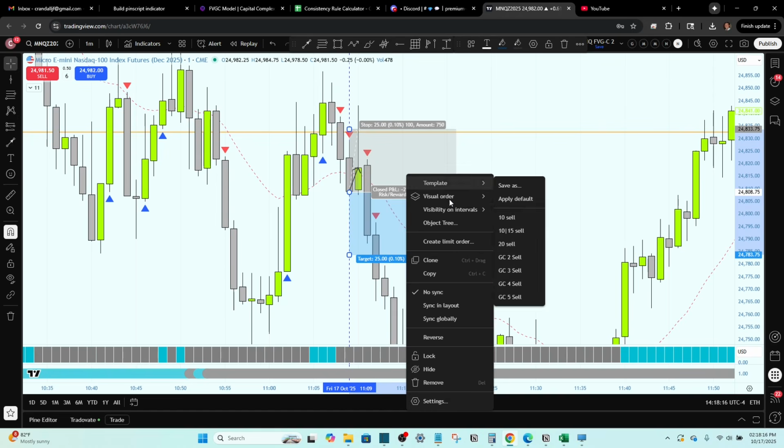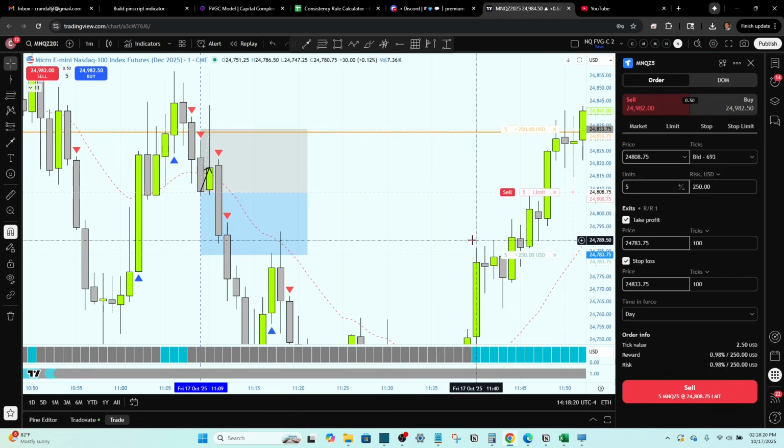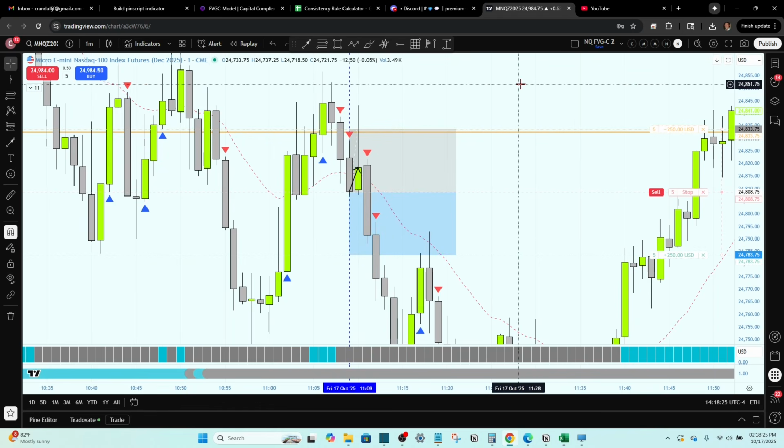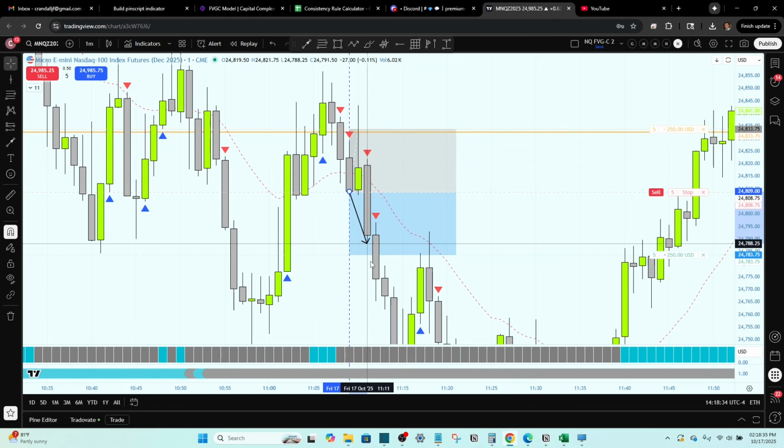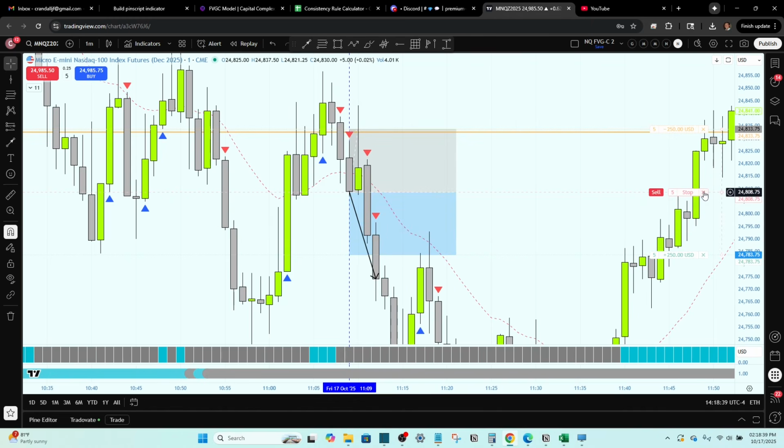As soon as this candle closed above there, I'm right clicking, I'm doing create limit order, and I'm hitting stop. So I'm creating, in this instance, a sell stop order. So you can see price closed here, and then on the open of that next candle, it just went down and raced down to hit targets. And that's exactly how I've been trading it. It's as simple as that.